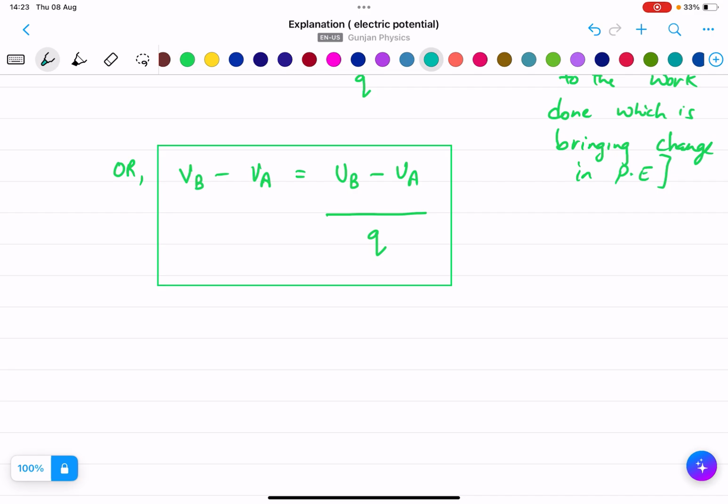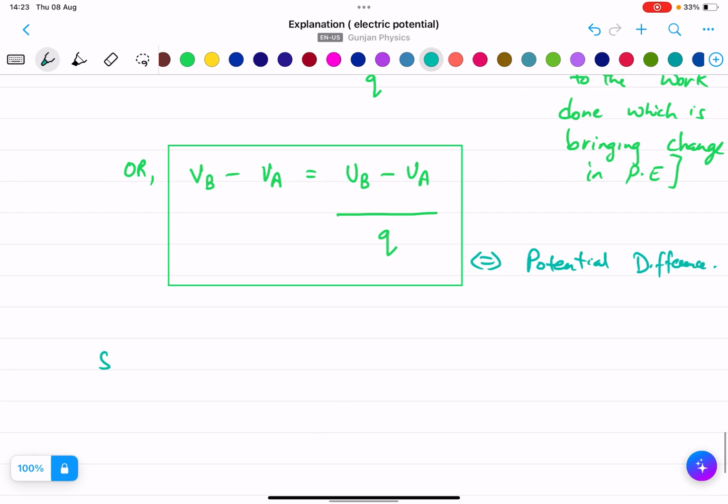Okay, I can say this is my potential difference. And what will be the SI unit of potential difference? Can you tell me? Yes. So energy is joule. So UB minus UA will be joule and Q will be coulomb.